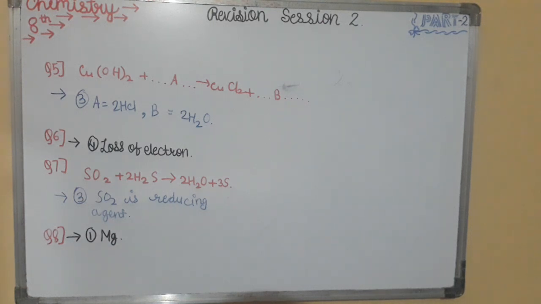Now question 9. Carbon reacts with oxygen to form CO and CO2. The atomic masses of carbon and oxygen are 12 and 16 respectively. It follows: option 1 law of constant proportion, option 2 law of multiple proportion, option 3 law of conservation of matter, option 4 none of this.